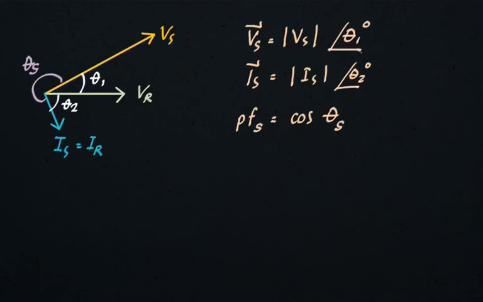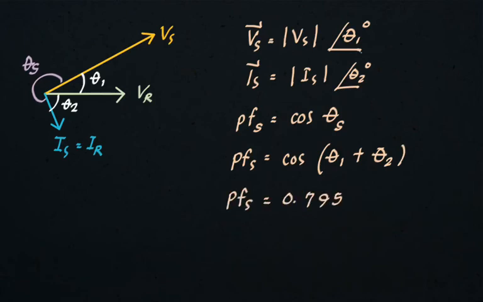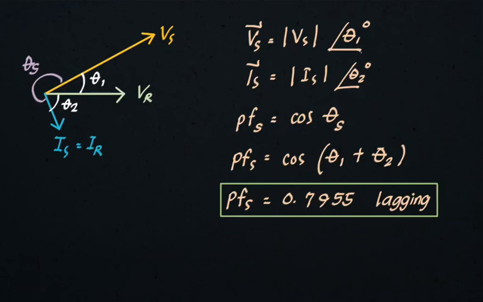From the phasor diagram, your theta S will simply be theta 1 plus theta 2. Therefore, your power factor at the sending end is 0.7955 lagging. That is how we get the power factor of the sending end.